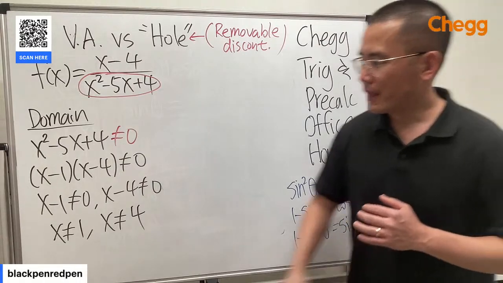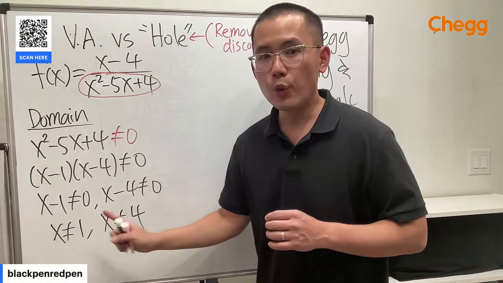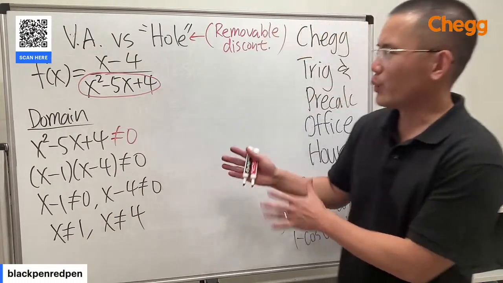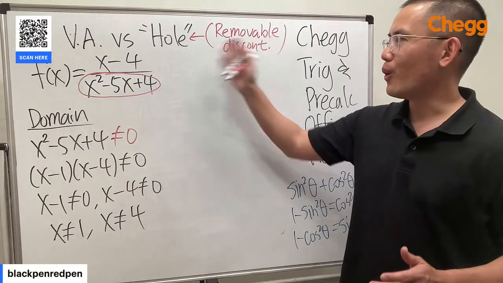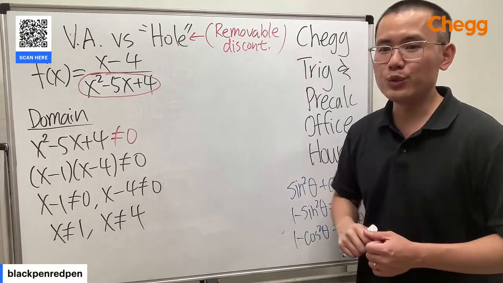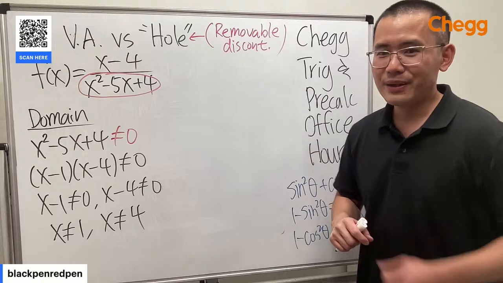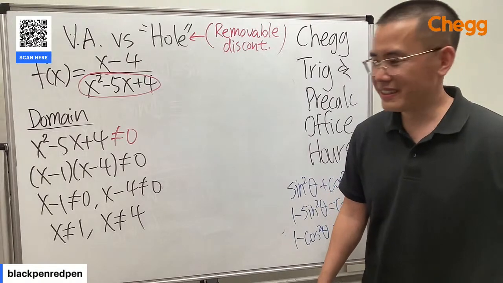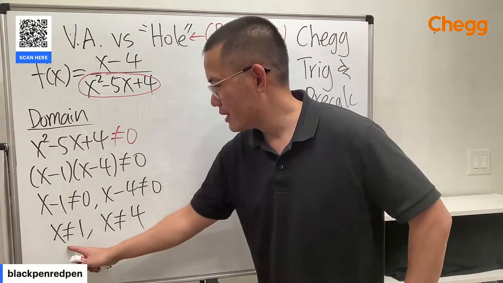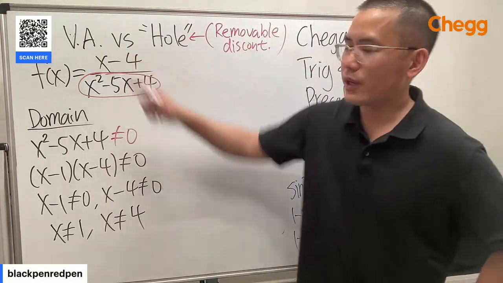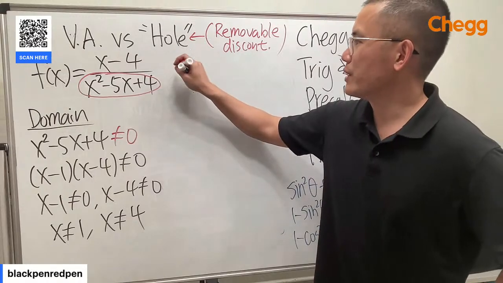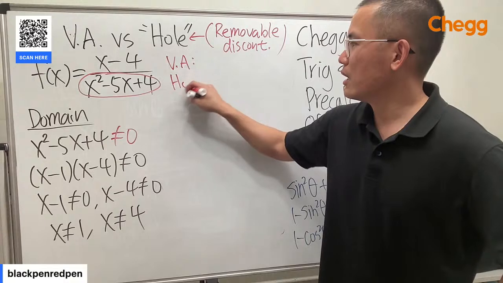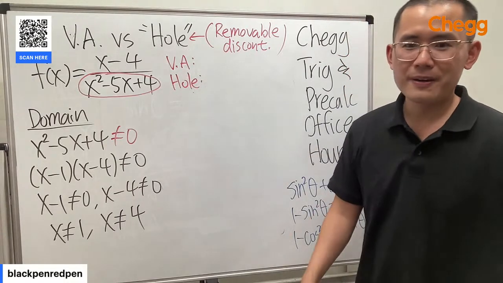Now, you have to pay close attention to which one will give you the vertical asymptote and which one will give you the hole or removable discontinuity. Which one is which? Let me write this down.